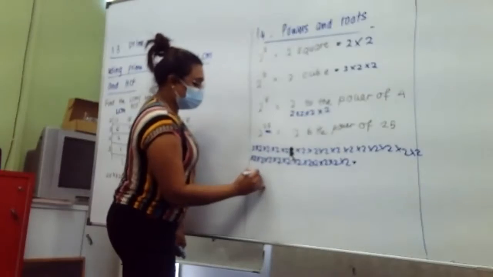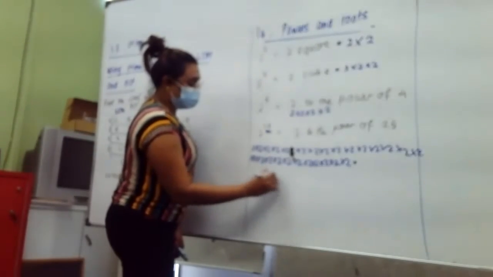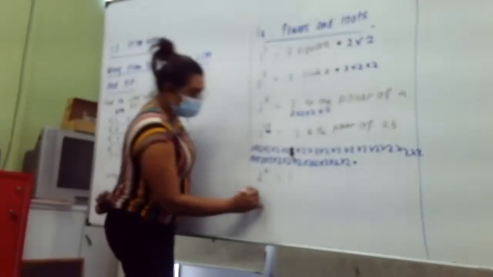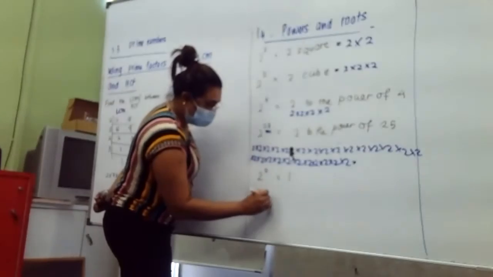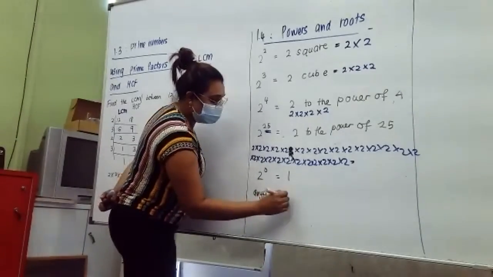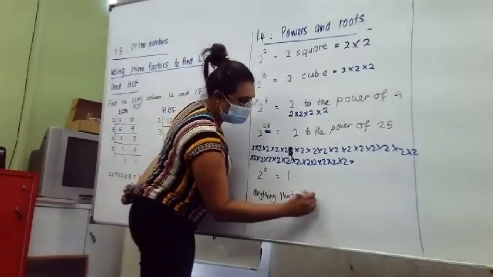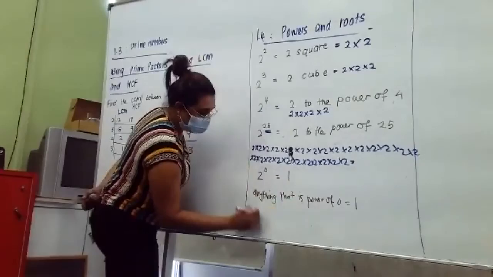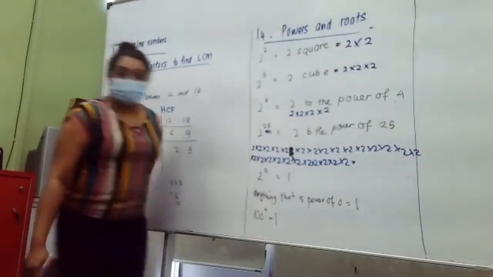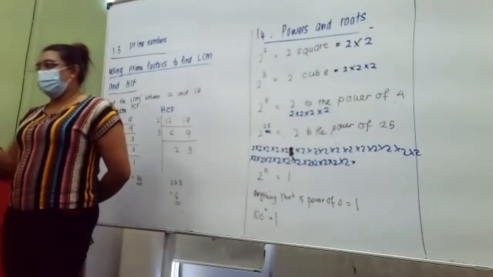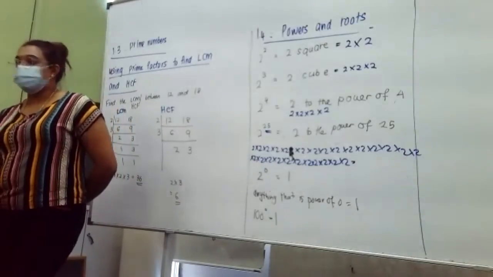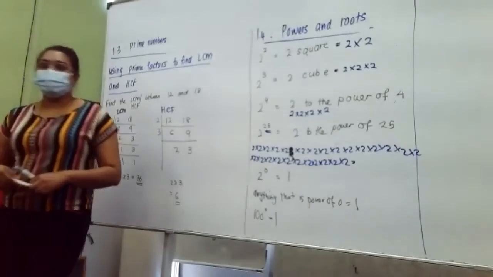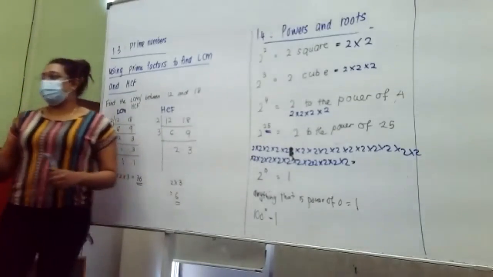Okay. So another one, 2 to the power of 0 is 1. Always remember, anything to the power of 0 is 1.